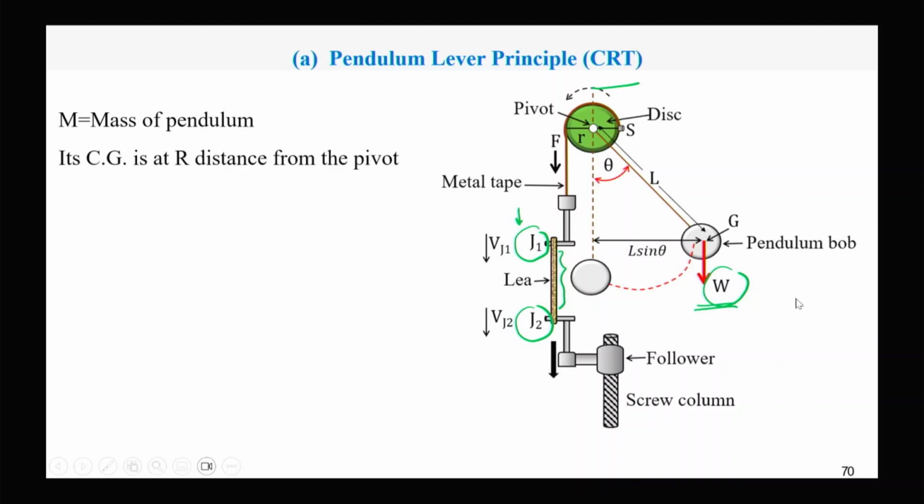The CG is at distance R from the pivot. Here, in this case, it is at L distance: the distance between the pendulum's center of gravity and the center of the disc.